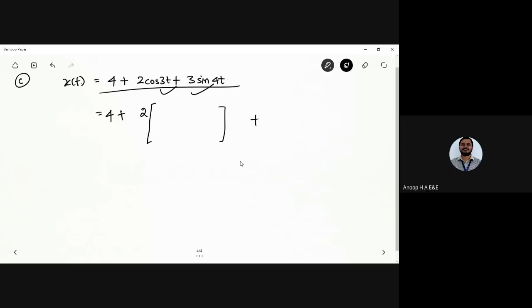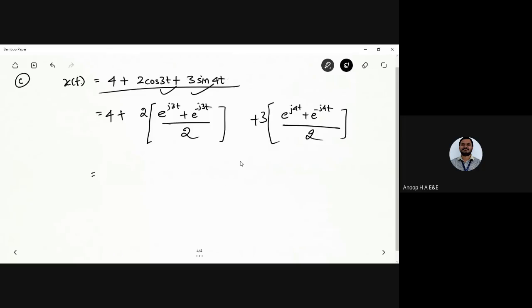So we are going to write e power j 3t plus e power minus j 3t divided by 2. Okay, next this one, 3 times e power j 4t plus e power minus j 4t divided by 2.